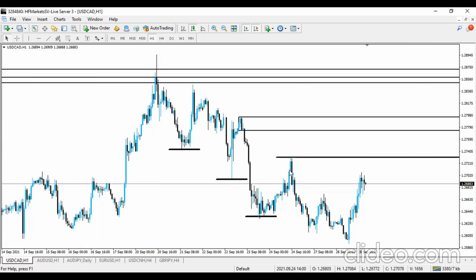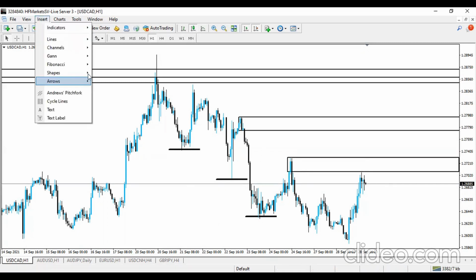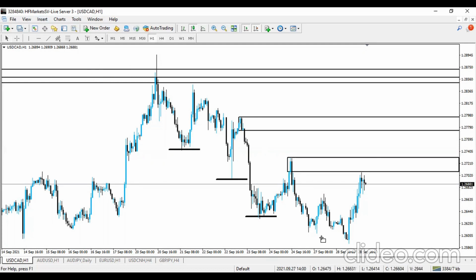But this other supply zone, I will not take. Why? Because structure has not been broken. Structure has not been cleared completely. I want to see a clear structure that made this move. Until this structure has been cleared completely, I won't be looking to sell.